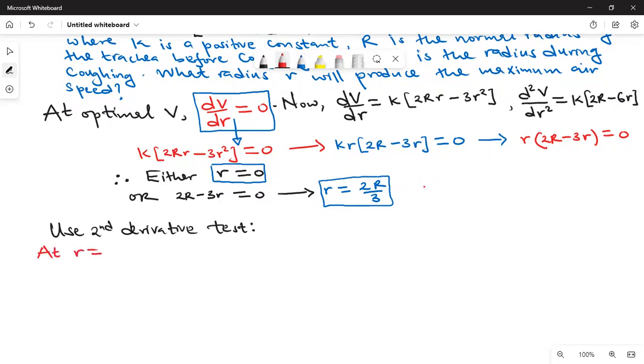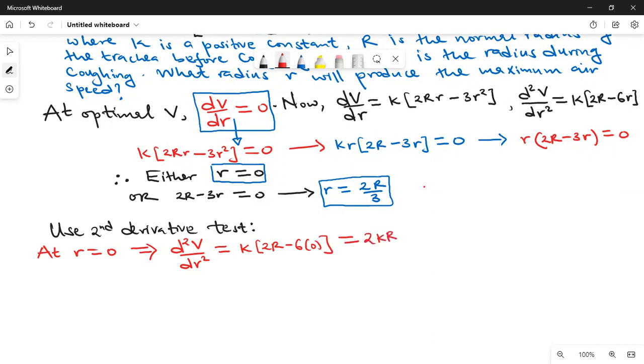r is equal to 0, what will we get as our second derivative? d squared v with respect to r twice. What will be that value? It will be k into 2r minus 6 times 0, which is simply equal to 2k times r.